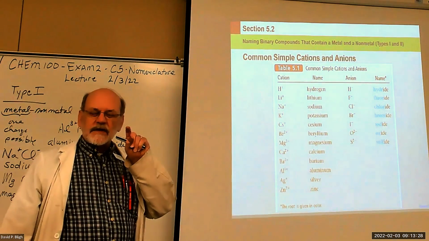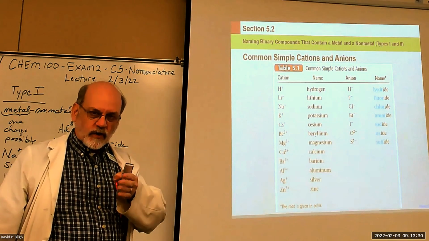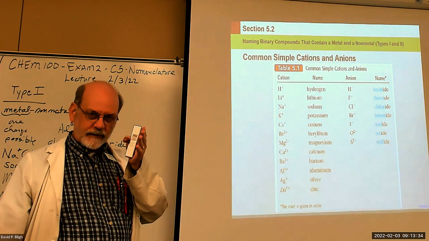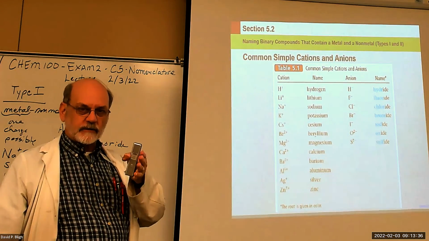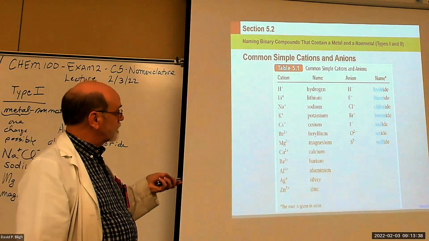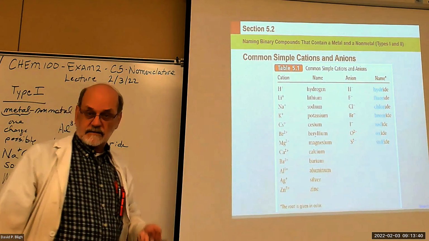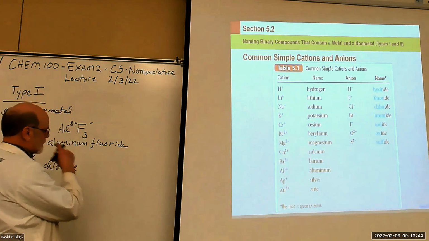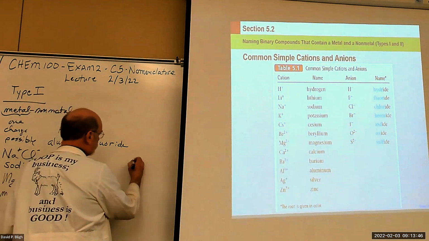Remember, the halogens are all -1, and the chalcogens, which is the oxygen group, are all -2. So in this case, let's take oxygen as the anion. And let's say we're going to make an oxide.